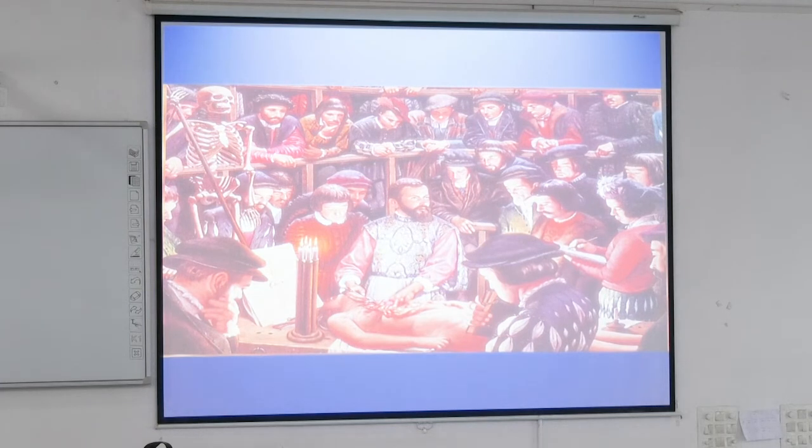Now this is the hand of Vesalius. That picture is there in the anatomy department, dissecting the dead body. You can see this student taking a note. Everyone has some posture, some way of holding the hand.